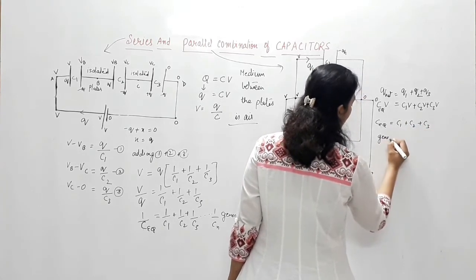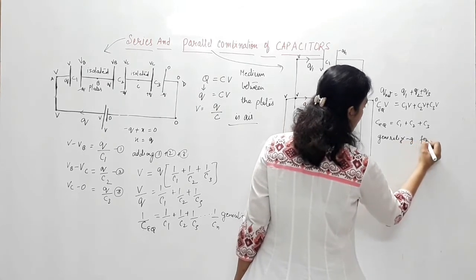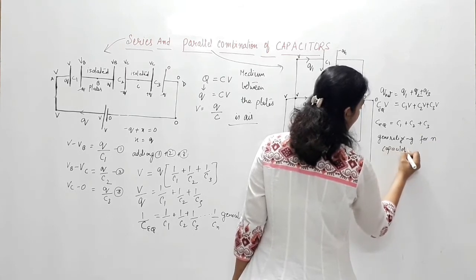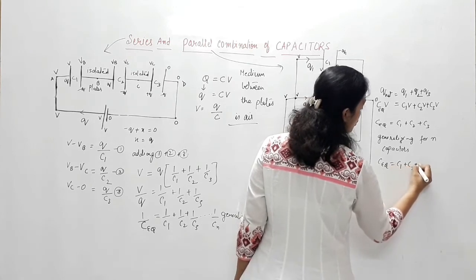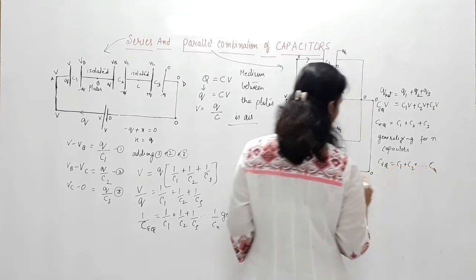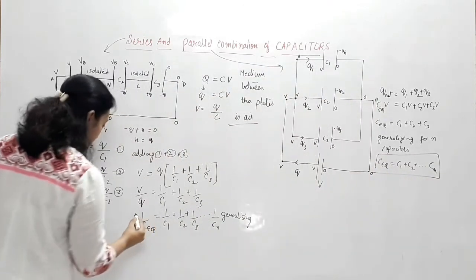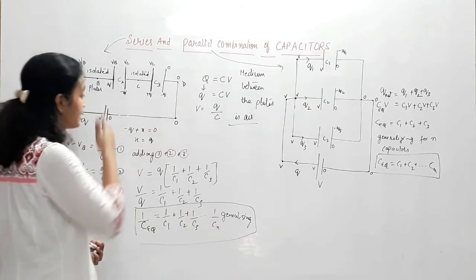Generalizing for n capacitors, C equivalent is equal to C1 plus C2 up to Cn. So this is the result for parallel combination, and the earlier one is the result for series combination of capacitors.